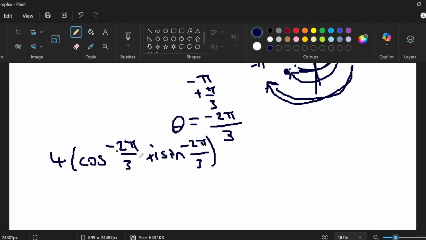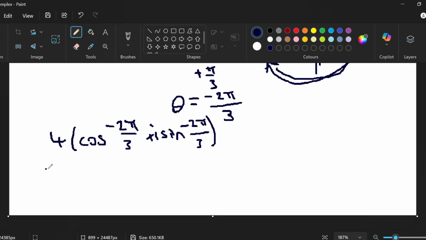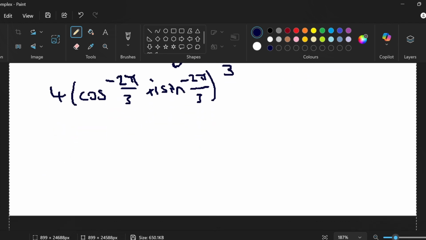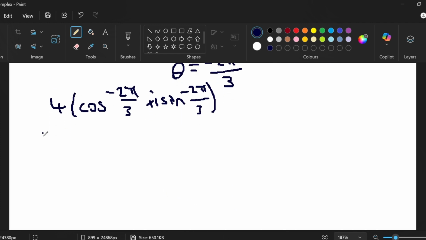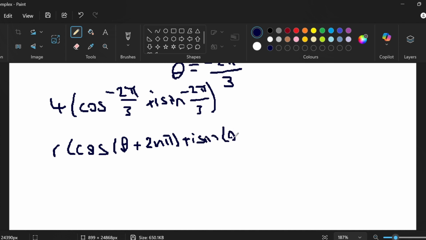But again, I want this in general polar form, which looks like this: r times cosine of theta plus 2n pi plus i sine theta plus 2n pi.